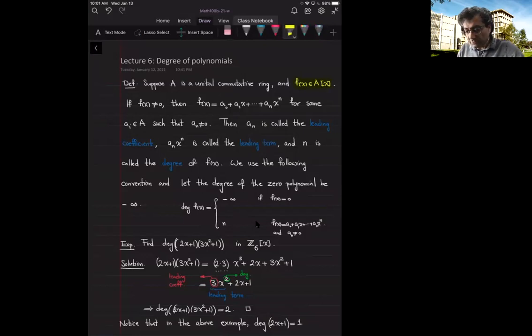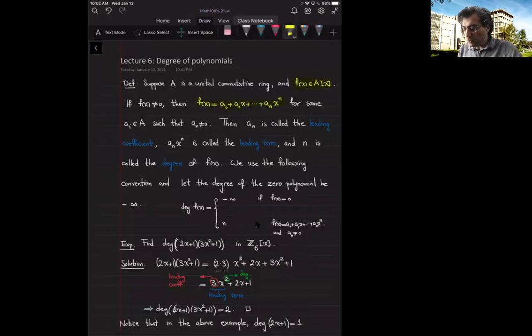If it is non-zero, that means I can write it as a constant a sub 0, then a sub 1 times x, then a sub 2 times x squared, and so on, till I get to the largest degree possible in f.